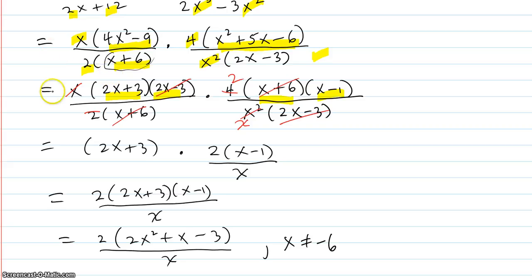So for these equals to stay equal all the way, x can't be negative 6, and it can't be 3/2 either. It can't be 0. Of course, it can't be 0 down here, but there's no harm in putting the 0. So you get all these denominators here, and that is about it, it looks like.